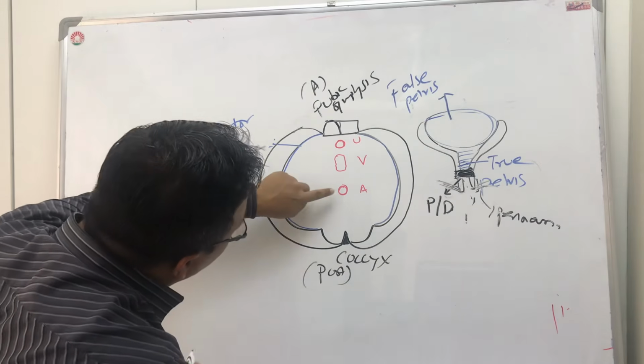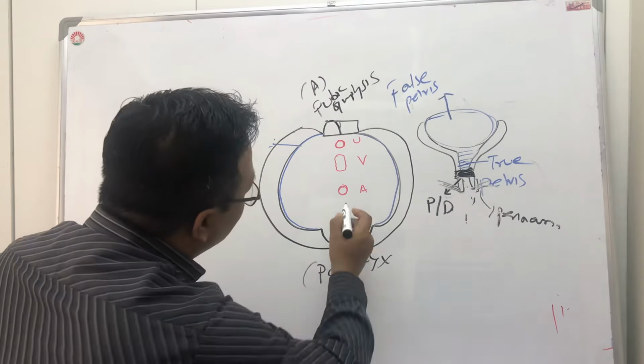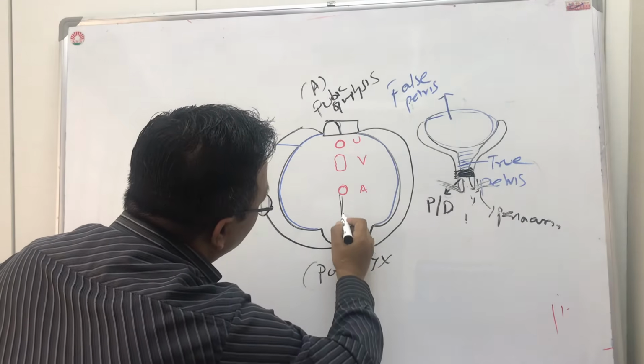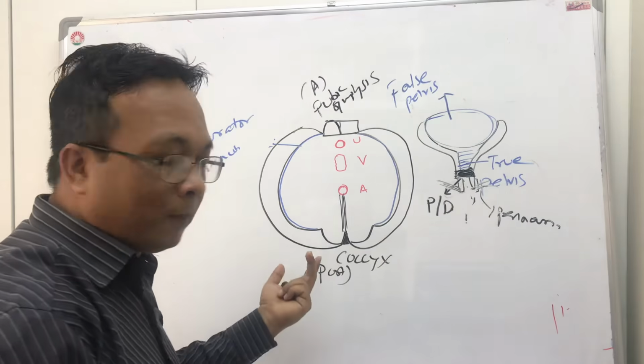So between this anal opening and the coccyx, there is a raphe. This is called the anococcygeal raphe. This is important for the insertion of the pelvic muscles.